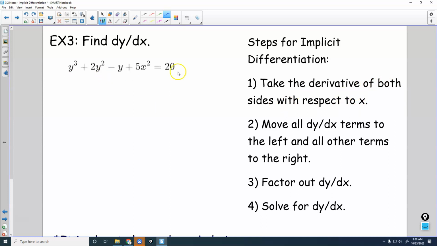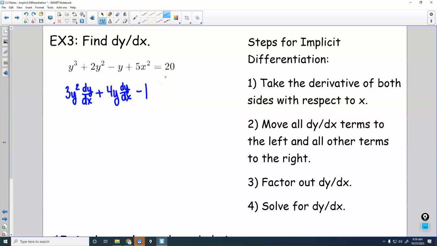Okay, so you will take the derivative of y cubed, which will be 3y squared. What does it need with it? dy dx. Okay, then we will have the derivative of 2y squared, which is 4y. Again, a y needs a dy dx. What's the derivative of y? 1. Does that need a dy dx?